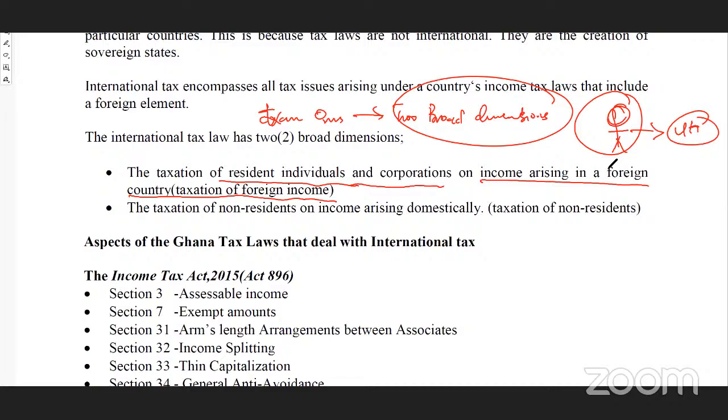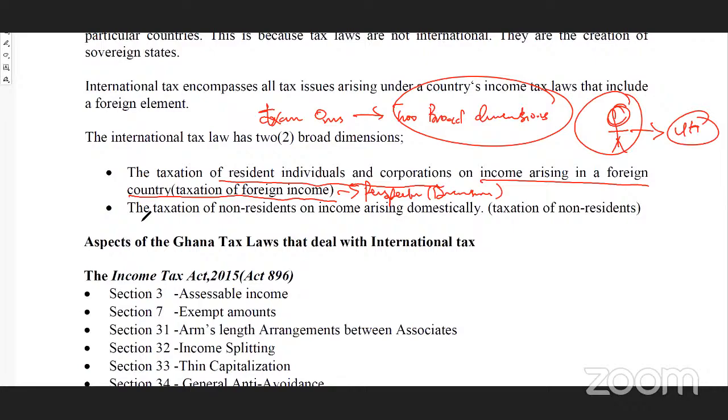So if any question is given to you, it's either a resident person is taxed on foreign income, that is the first dimension of international tax, taxing residents on foreign income. So you see there's still interaction of two different laws: a Ghanaian person, Ghana tax law, and his income arising in a foreign country, foreign tax law.